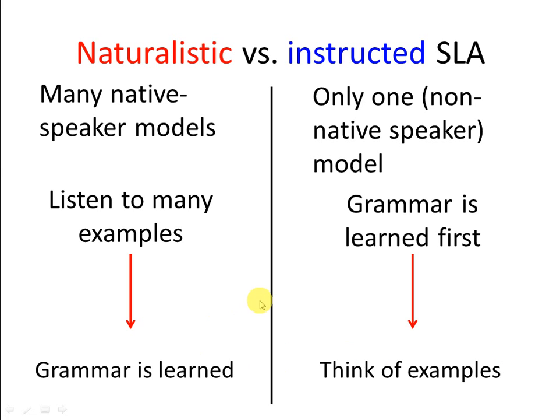So in naturalistic second language acquisition, we listen to many examples first, and then we gradually learn the grammar. But in instructed second language acquisition, we learn the grammar first, and then we try to think of examples. Okay, so the direction is the opposite.